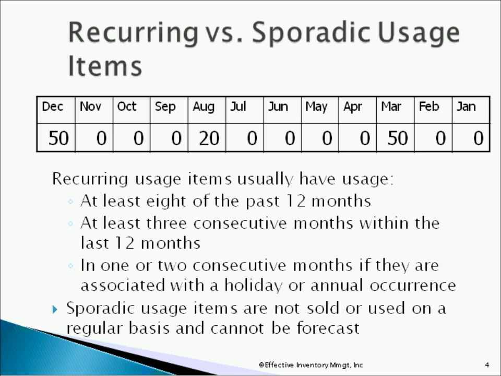We're going to get to those in a little bit, but we're going to start by looking at items that have sporadic usage. Those are items that have not been sold or used on a regular basis. You see an example of one of these items on this screen. We sold 50 in December, 20 back in August, 50 back in March.